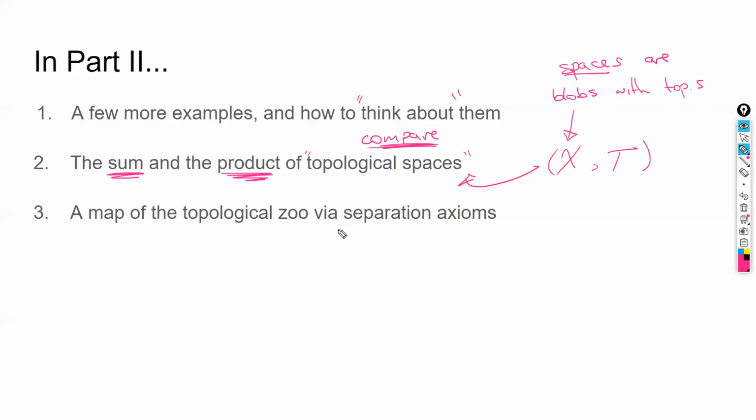And there are lots of these. In fact, they form kind of a zoo, you might say, a whole topological zoo. And Angela's going to take it away in the third lesson and actually draw a general sketch of this zoo. It might look something like this.